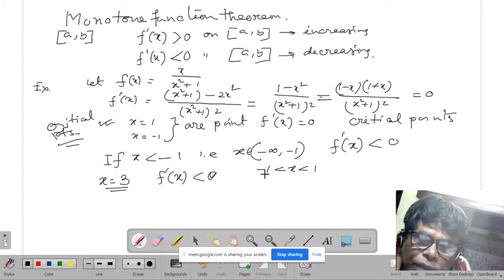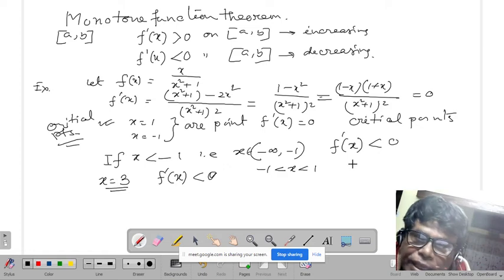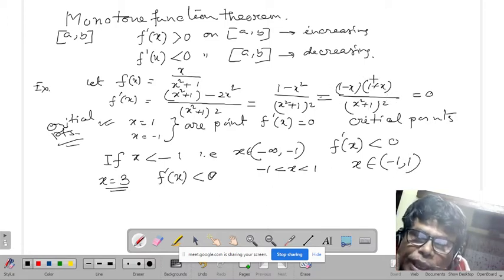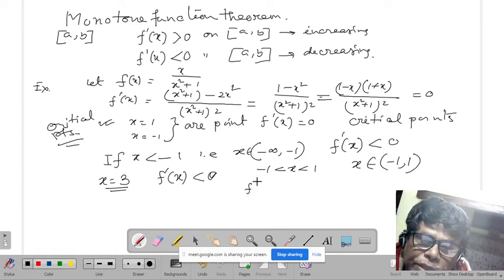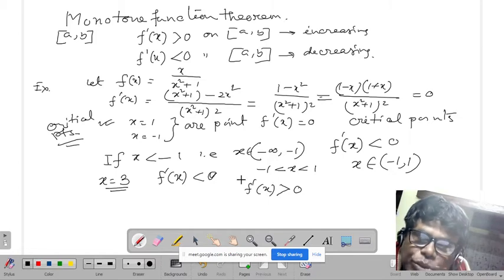But if x lies between minus 1 and 1, what will happen? Put any value between minus 1 and plus 1, so f dash x becomes greater than 0. Put x equal to 0, it is positive.